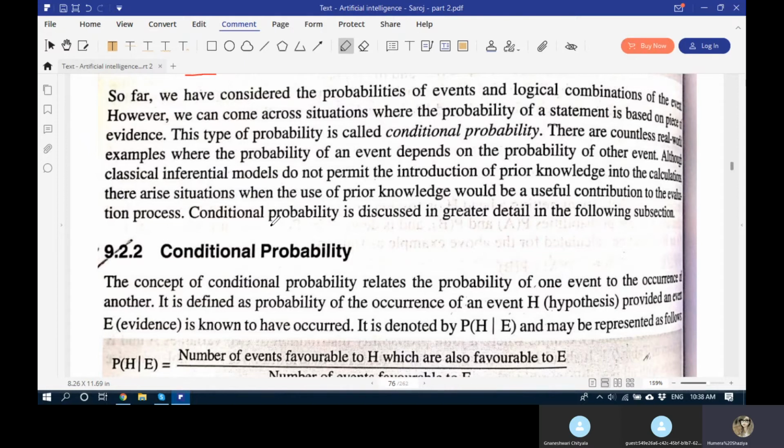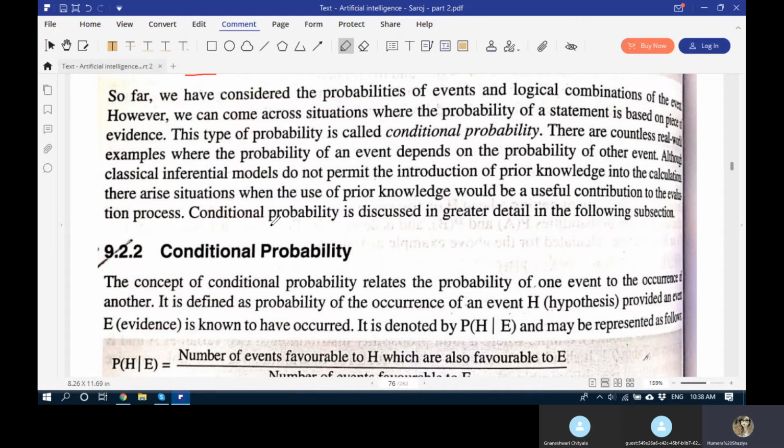For instance, again, if you take a normal example, you coming to college is subject to lockdown being lifted.